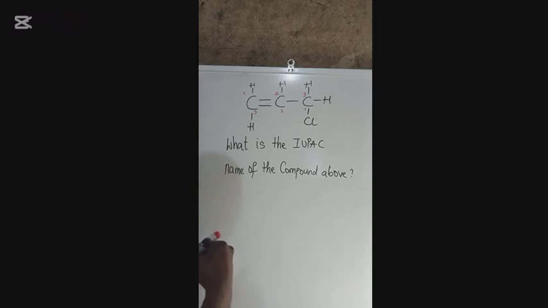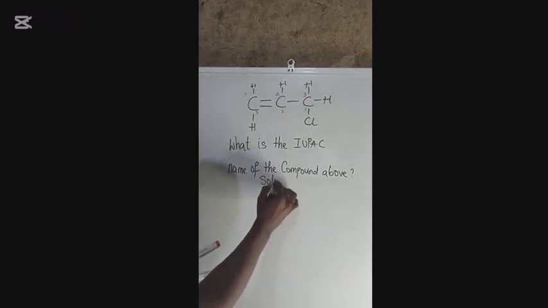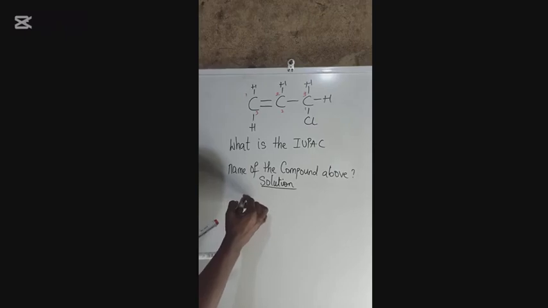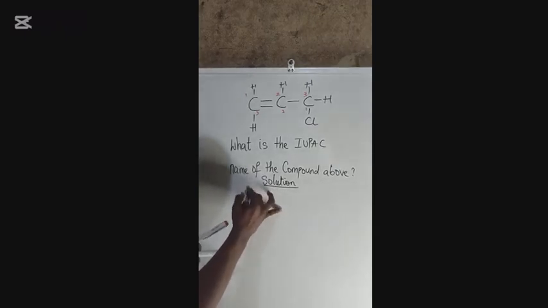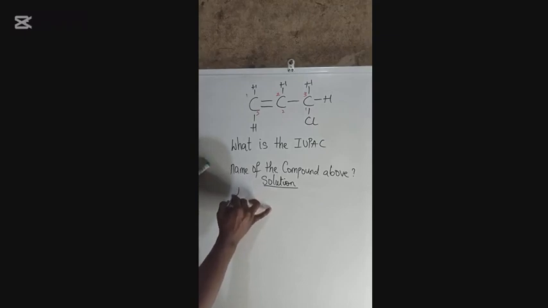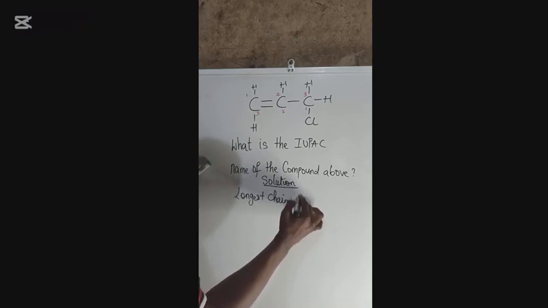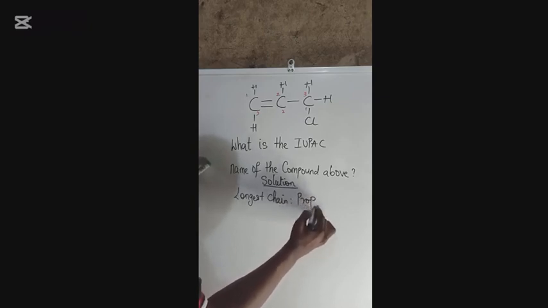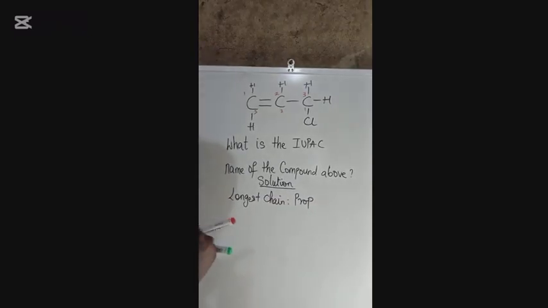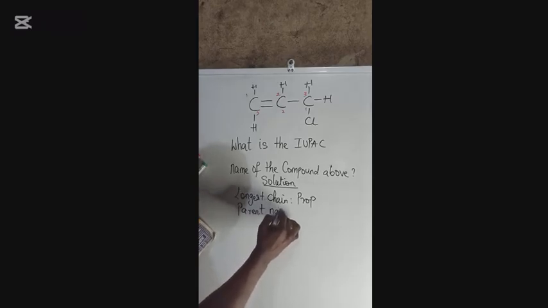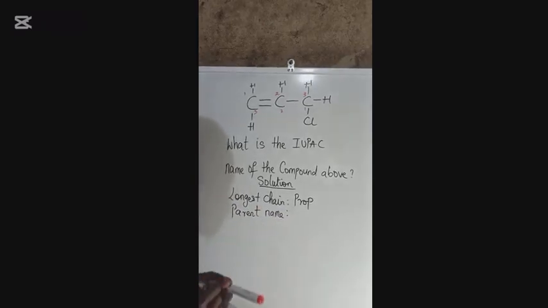So longest chain: prop. Parent name. Which of these functional groups will serve as our parent name?